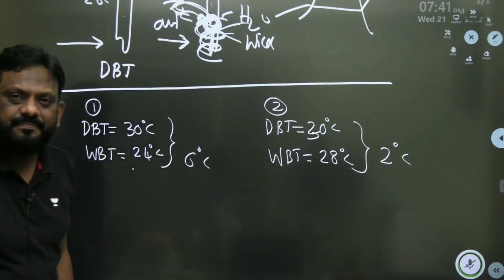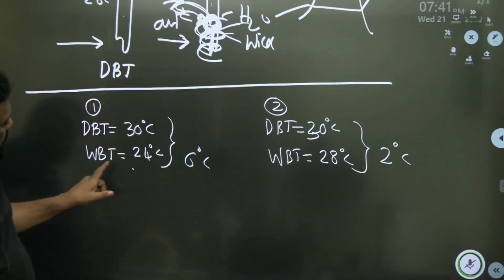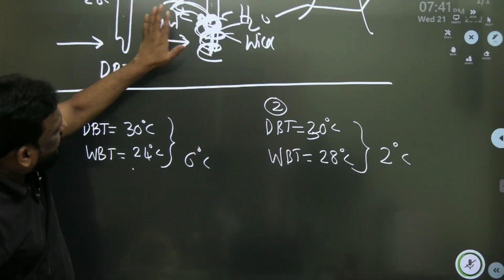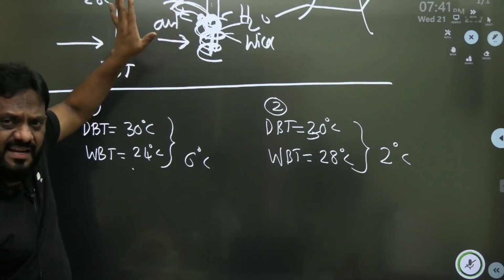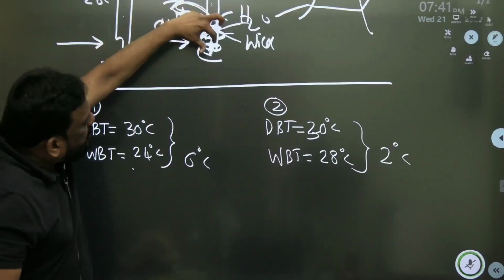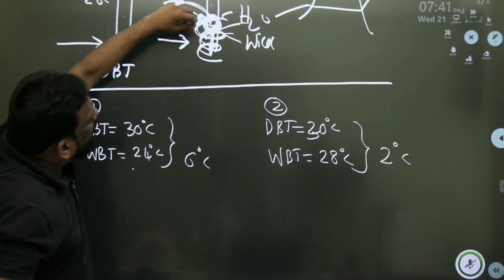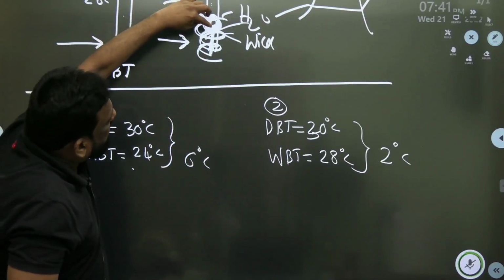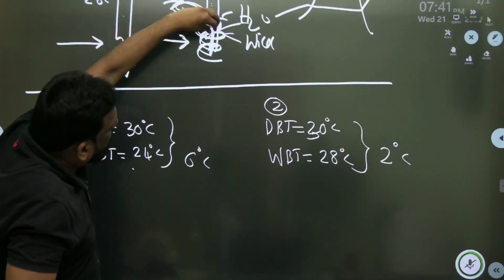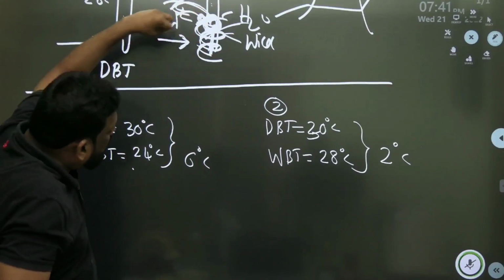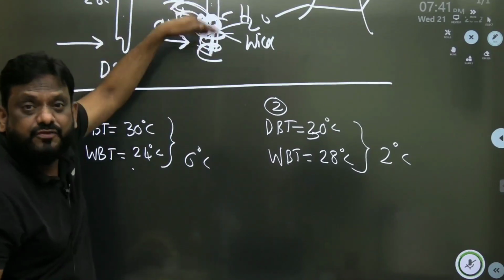Why is the temperature of the wet bulb very low in this case? Because the moisture in the air is less. As the moisture in the air is less, it has greater capacity to absorb moisture. In the process of absorbing, more and more water vapor is absorbed, so it is taking more heat from this. In order to get converted into vapor, the water absorbs more heat, and when it absorbs more heat, the temperature falls.